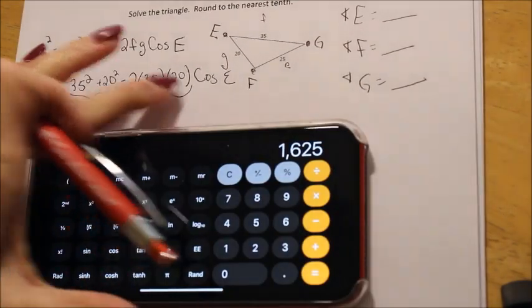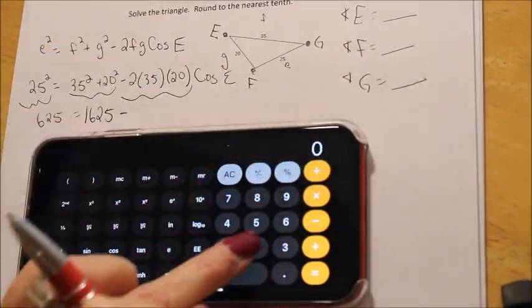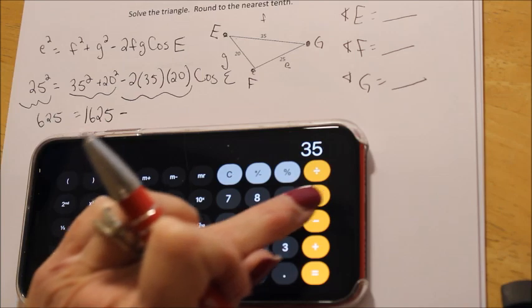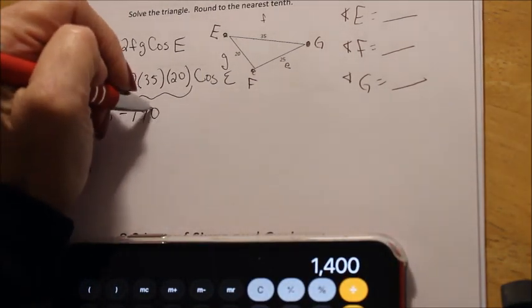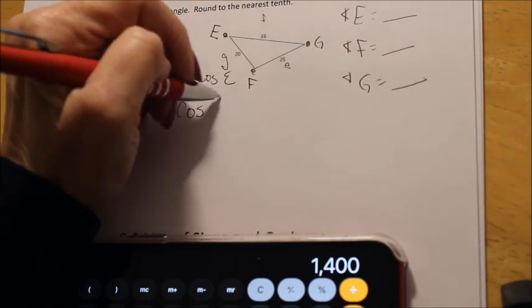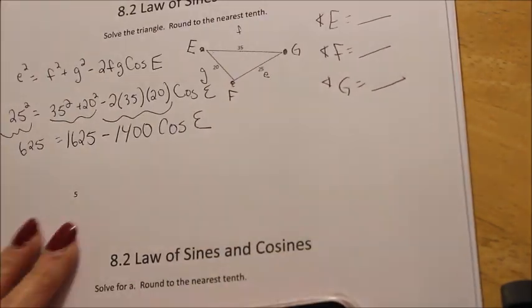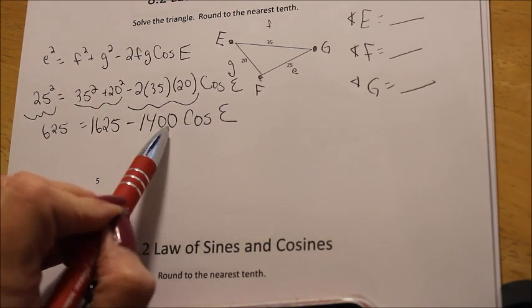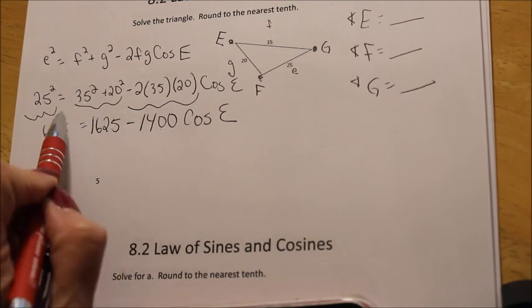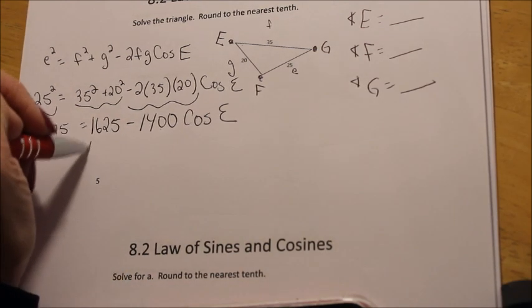Now we're going to hit 2 times 35 times 20, and I get 1400 times the cosine of E. Notice that the 1400 is attached to the cosine. That's multiplication, so you do not want to do anything with that. What you're going to do is subtract 1625 from both sides.